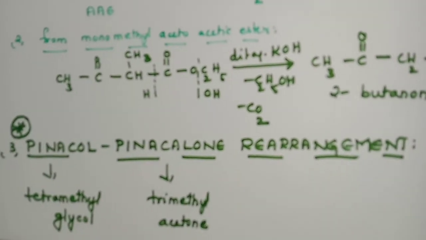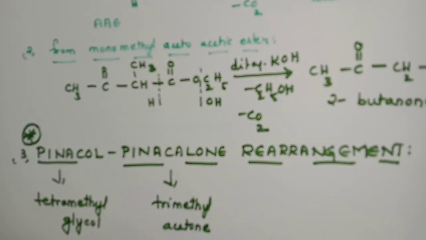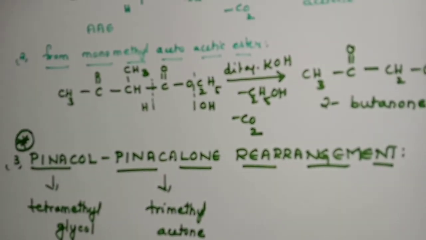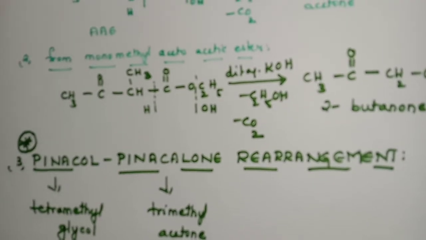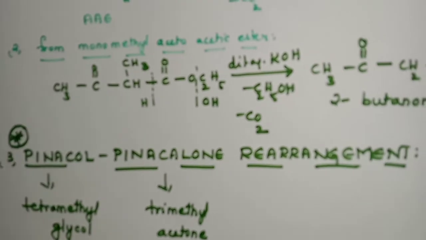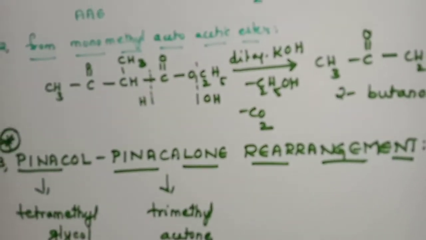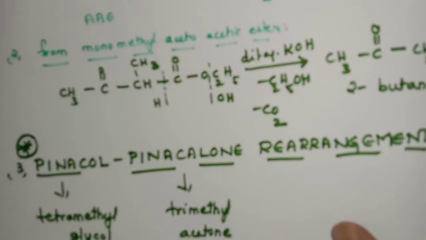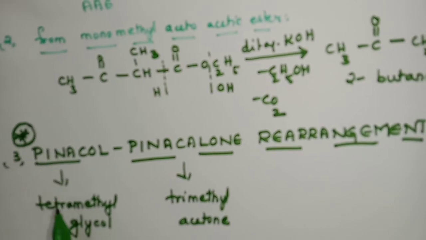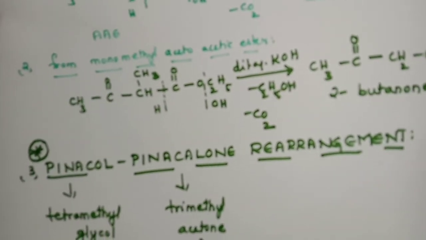So once again, the rearrangement of pinacol into pinacolone in the presence of an acid is called pinacolone rearrangement. Now, let us write the reaction of pinacolone rearrangement. Have you noted, students? Pinacol is tetramethyl glycol, pinacolone is trimethyl acetone.